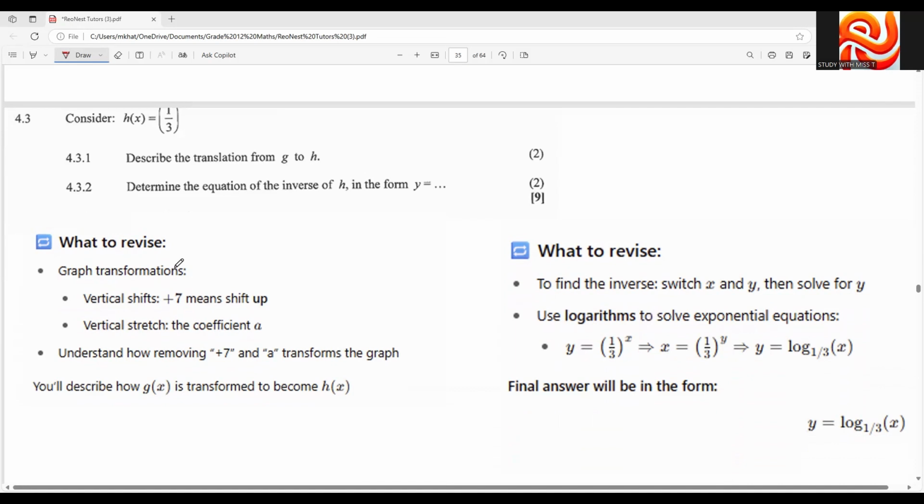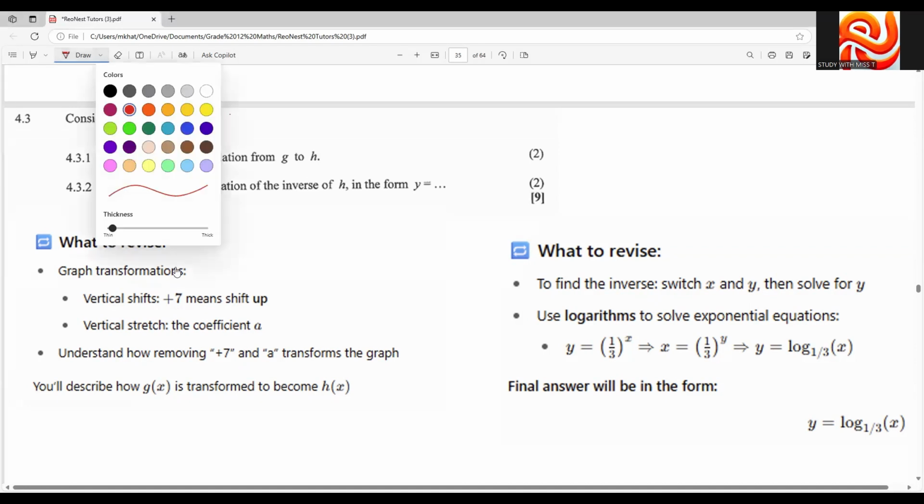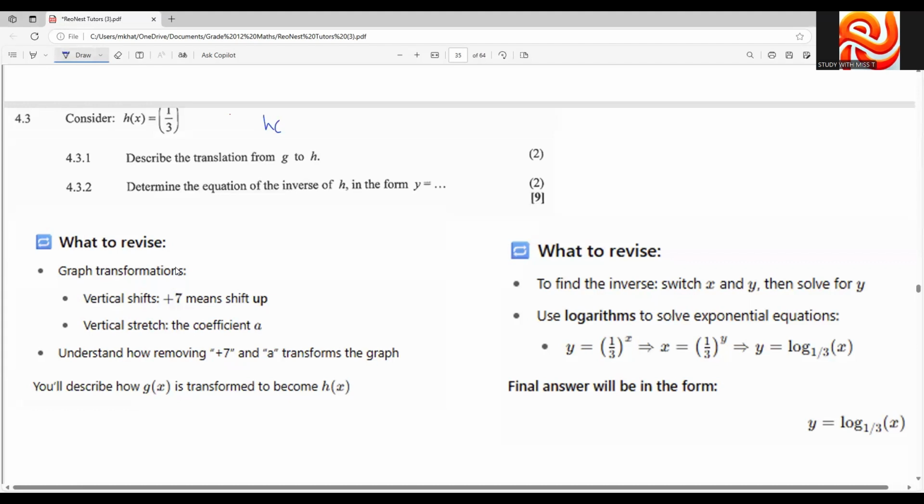Okay, so now in this case, when we look at h of x, let me just rewrite this. So h of x is equal to 1 over 3 all to the power x. Okay, so now when you look at this, the graph transformation, we see that there's a vertical shift of +7, which is shifting up on g of x.